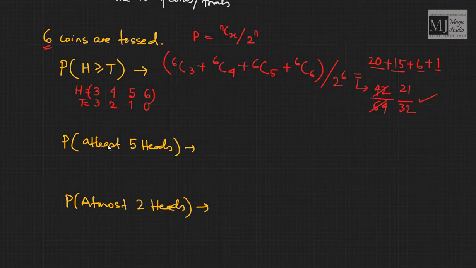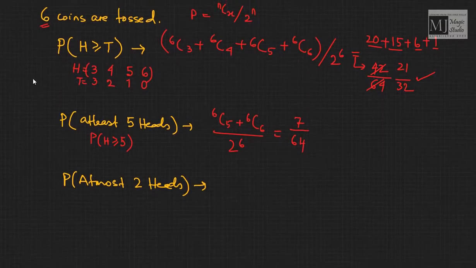At least 5 heads. At least 5 heads means heads are 5 or more than 5. 6C5 plus 6C6 divided by 2 to the power 6. 6C5 is 6 plus 1, 7. 7 by 64. At most 2 heads. ज़्यादा से ज़्यादा हमारे पास 2 head मिल सकते हैं.